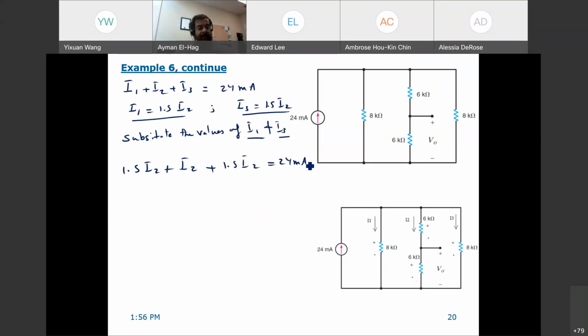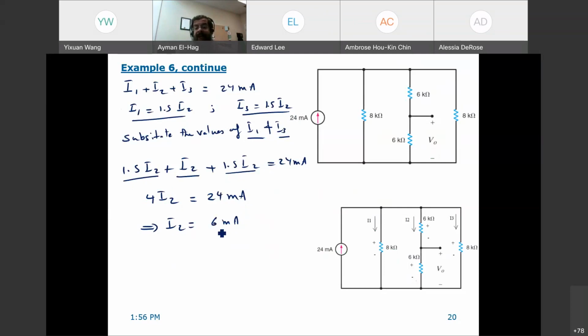So you can see the trick I did. I changed the first equation from an equation with 3 variables to an equation with only 1 variable by using the other 2 equations to substitute for the other variables. So 1.5 plus 1.5 plus 1 is 4 I2, equal to 24 milliamps. From this, my I2 is equal to 6 milliamps.